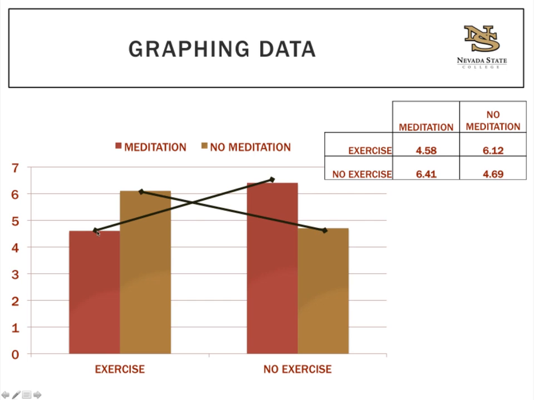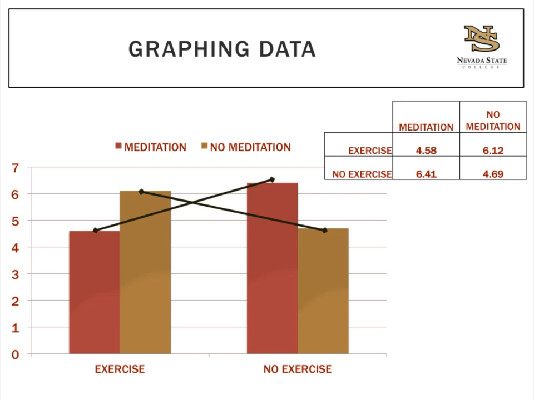So we can see that this effect here is going up and this effect here is going down. So in this case, we do have an interaction. In fact, they cross right in front of us, right? Which means that the effect of exercise depends on whether people are meditating or not. In other words, exercise seems to work well when participants are not meditating, and the vice versa is true as well.